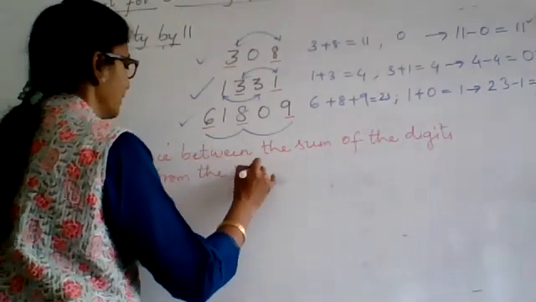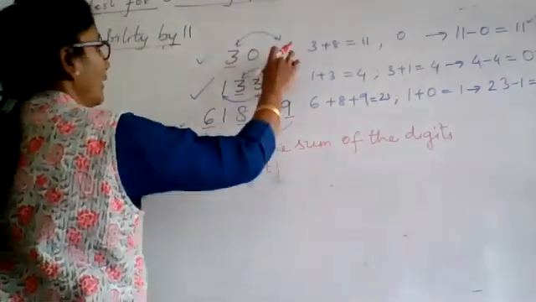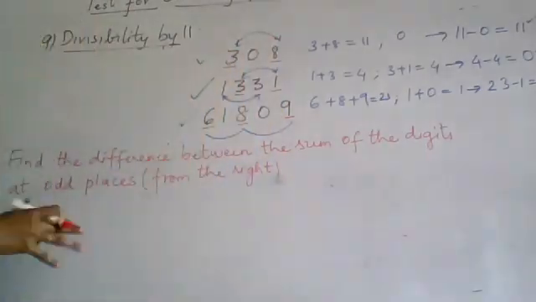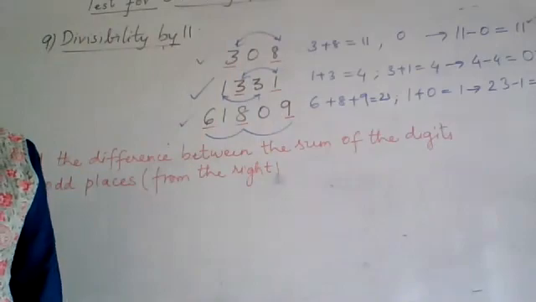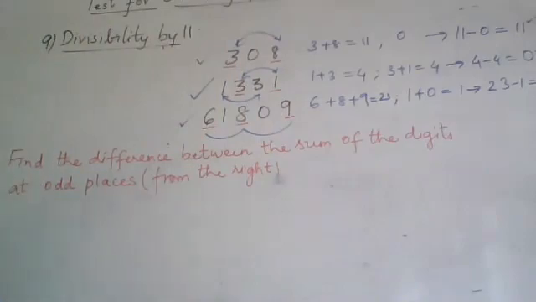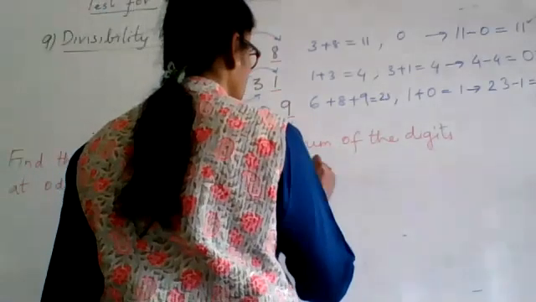Odd places means in the one, then skip, take odd places, even places. If you can't understand, you can take it as alternate digits. In the odd places from the right, and the sum of the digits in the even places.